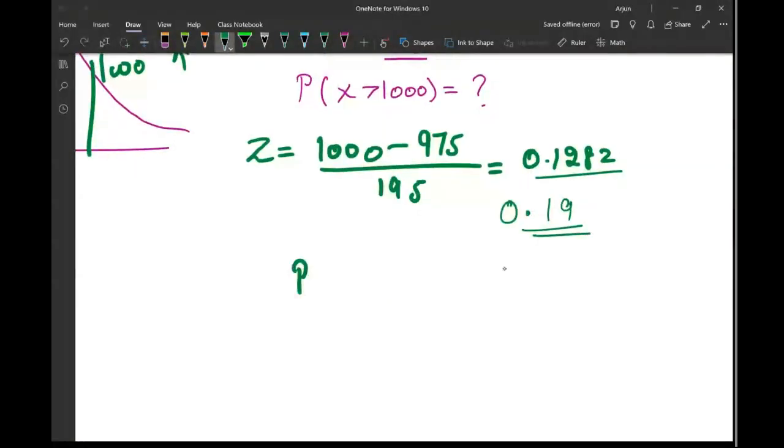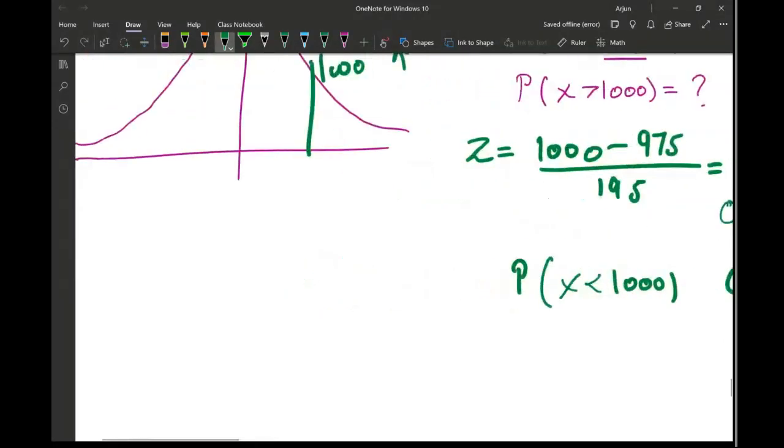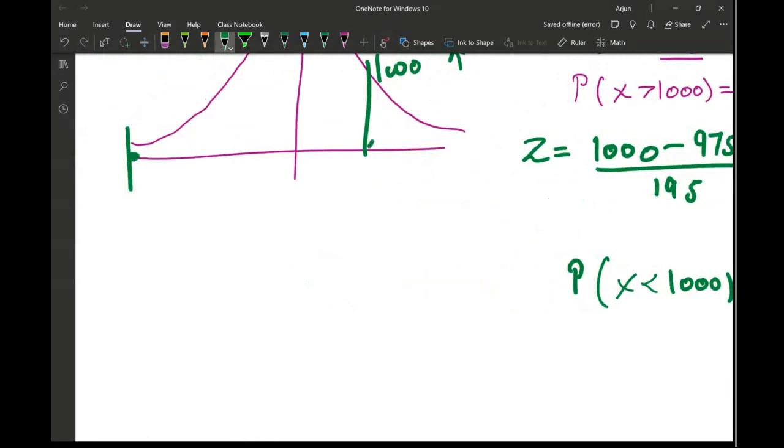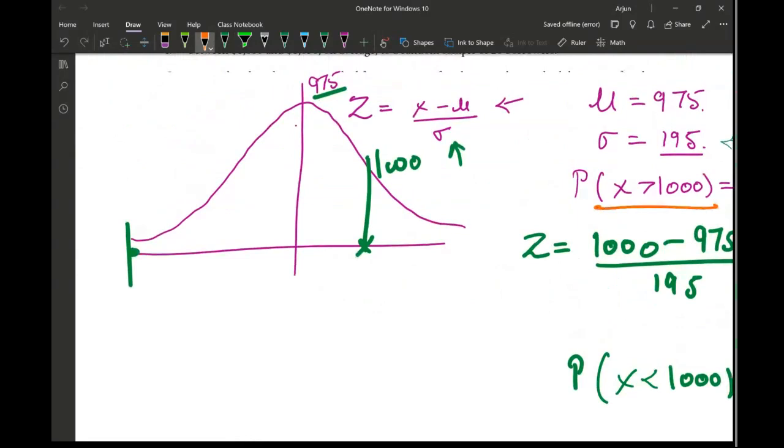So the probability value 0.5753 is for x less than 1,000, because we always find the probability from 0 up to this point. And what I'm looking for, probability x greater than 1,000, is this section.